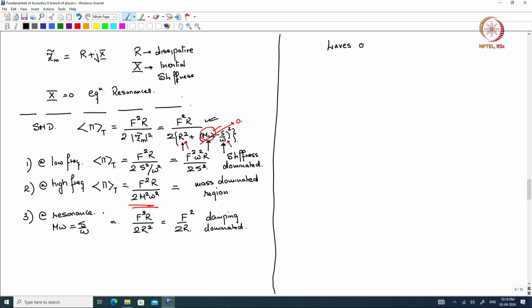Waves on a string. A typical example would be strings on a musical instrument.